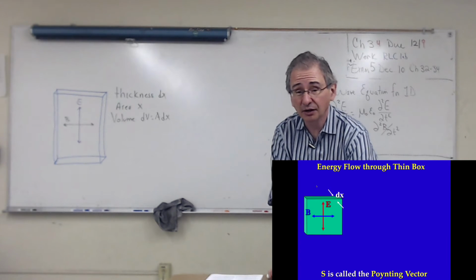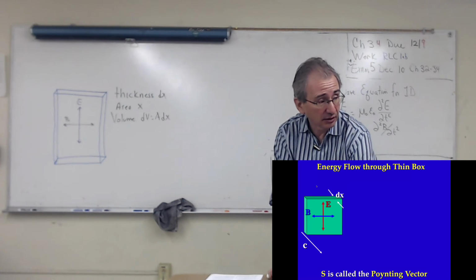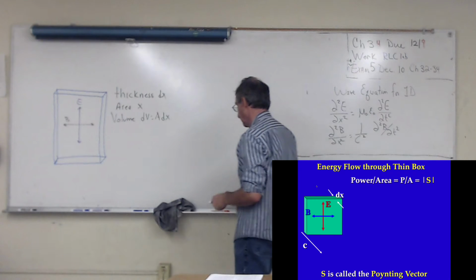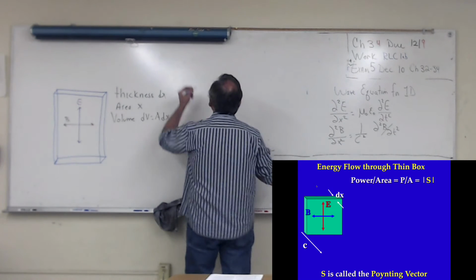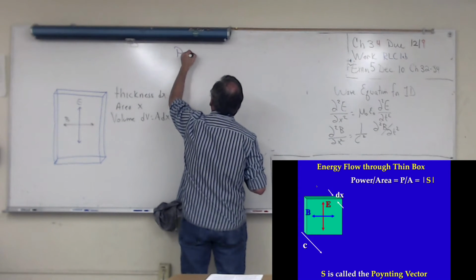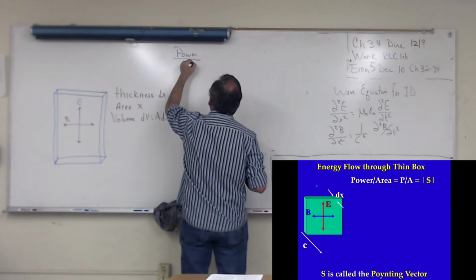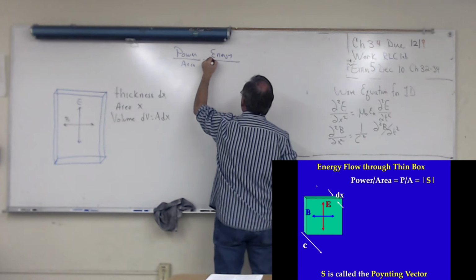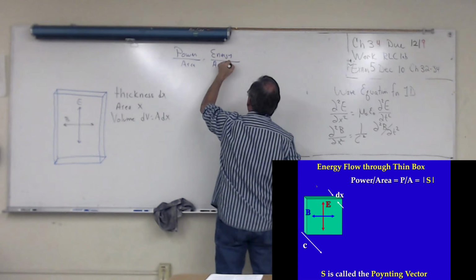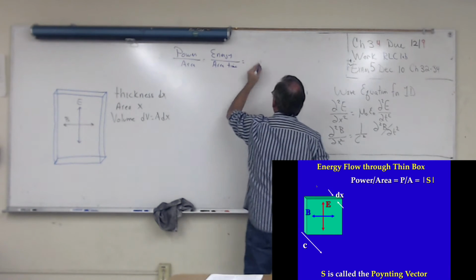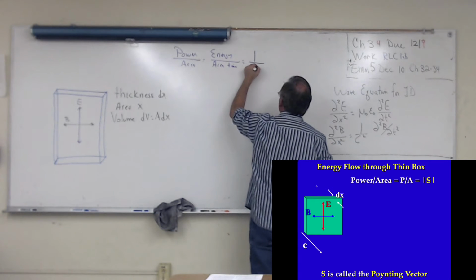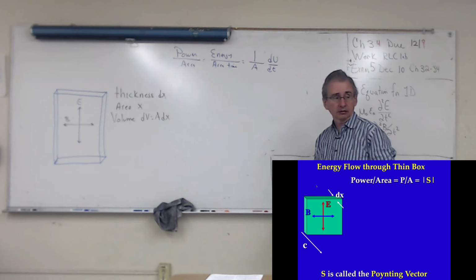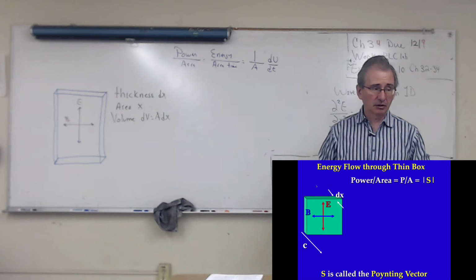I want to know the rate at which energy is flowing through that volume, basically. I want the power per unit area. So basically, it's the energy per unit area per unit time, which we can write as 1 over A times dU over dt, where dU dt is the power.